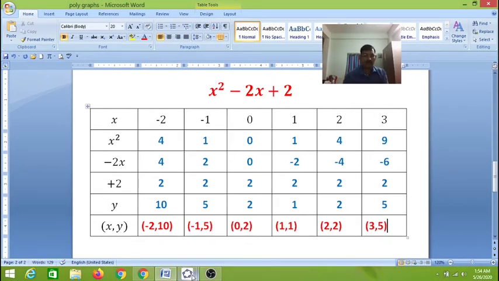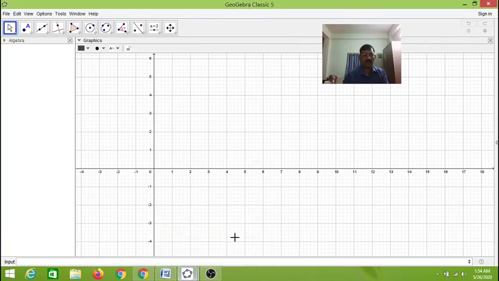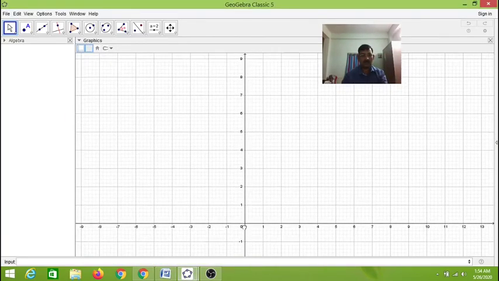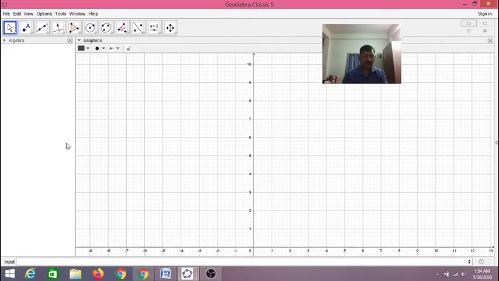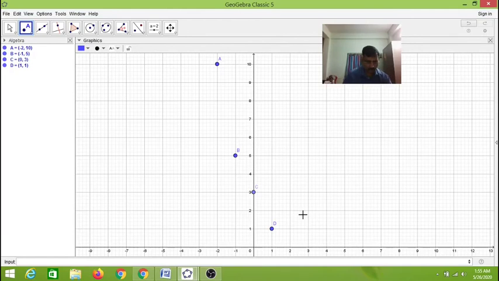Now let us see how the points will be here. What are the points, do you remember? They are minus 2 comma 10, then minus 1 comma 5, then 0 comma 3, then 1 comma 1, then again, of course I think it is 0 comma 2, not 3.